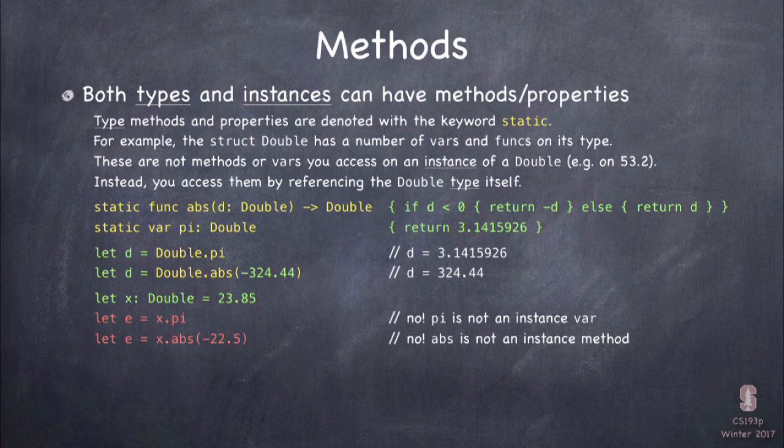Now, for example, you might have an instance method or even an instance var called abs with no arguments, that you would send to an instance, and it would take the absolute value of the thing you sent it to. But of course the type one has to have an argument because you're sending it to the type Double, so there's no instance of a Double involved. We got that?